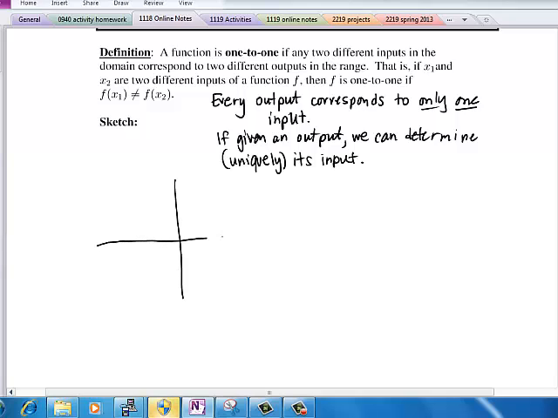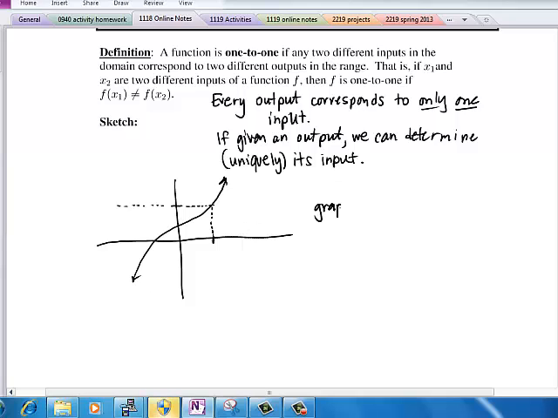So let me sketch a one-to-one function. Here's an example of a one-to-one function. If I pick any output, let's say this y value, there's only one input that it came from, right? There's not another place where the y value is that particular value.